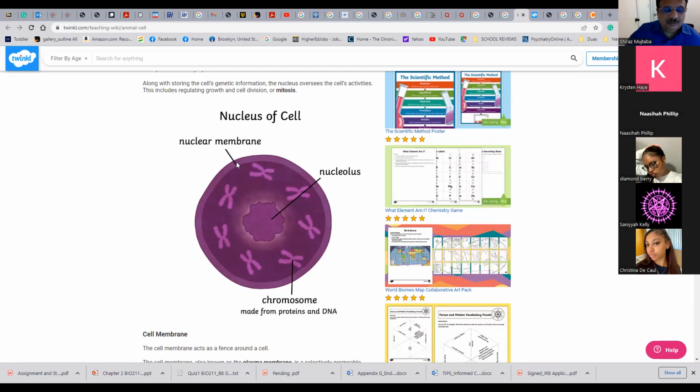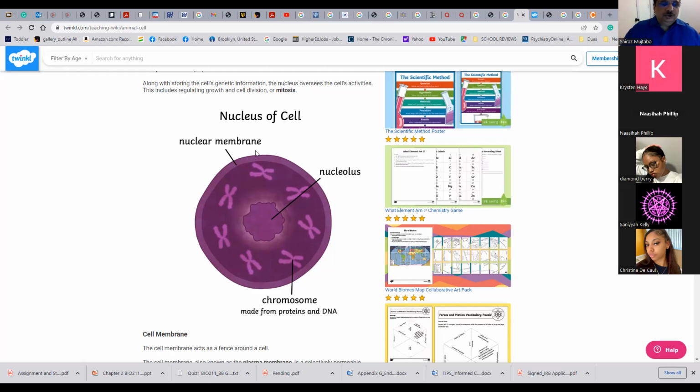Now, this figure is not 100% accurate, because in the nucleus, particularly in the nuclear envelope or nuclear membrane, there are some pores. Through these pores, the nucleus communicates with the cytoplasm, right?